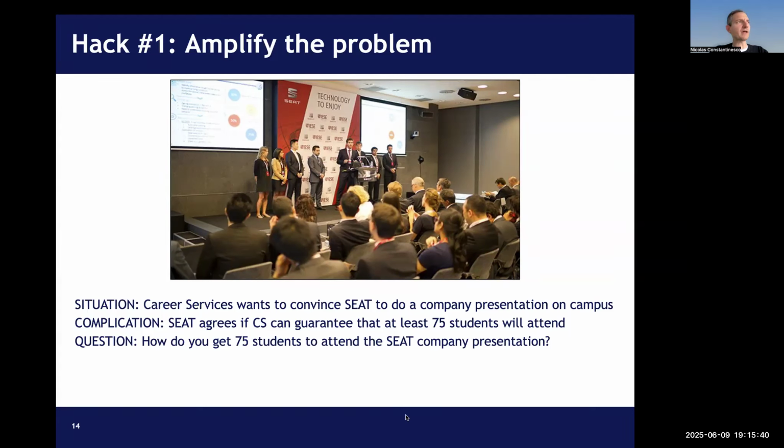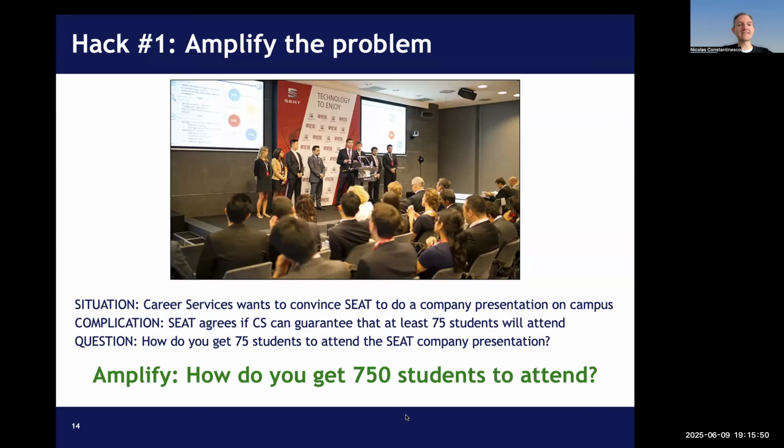And you might start coming up with ideas about incentives and so on. But now if you change the problem to how do you get 750 students to attend, all of a sudden you're probably going to start thinking about things you would not have thought of before. For example, do they all have to be ESMT students?